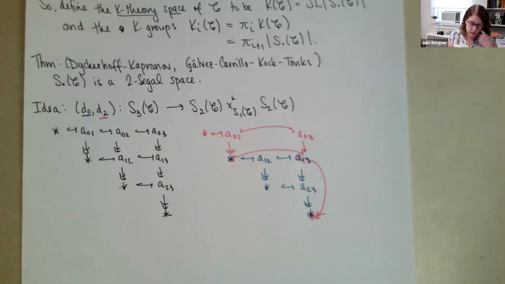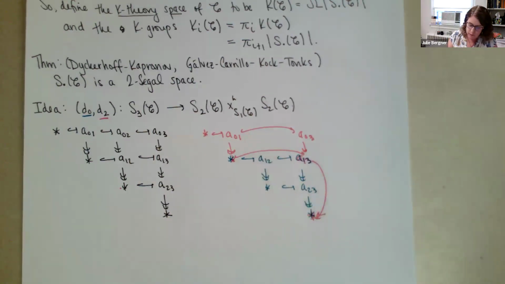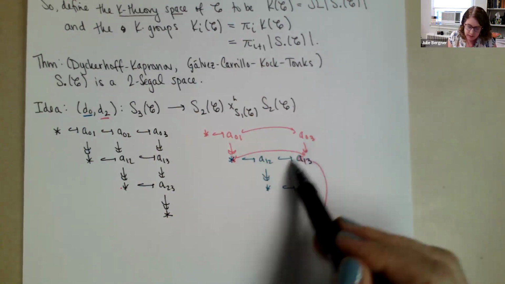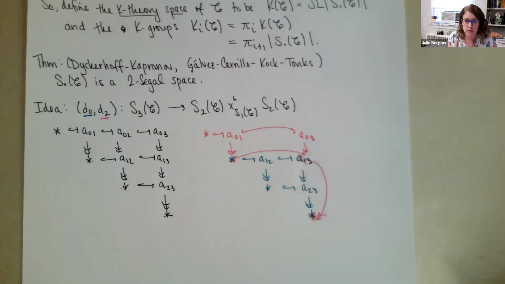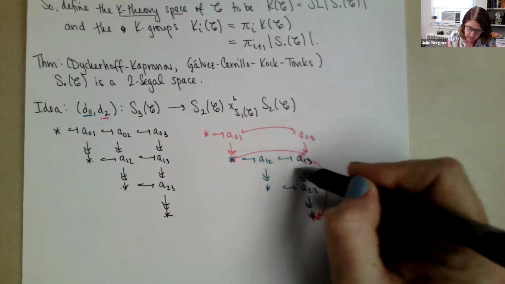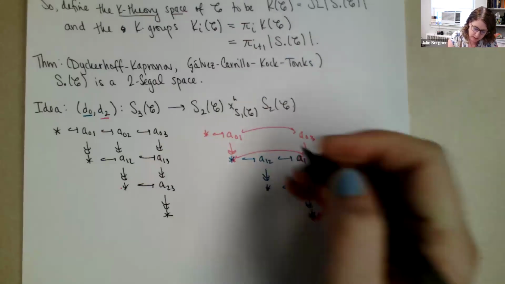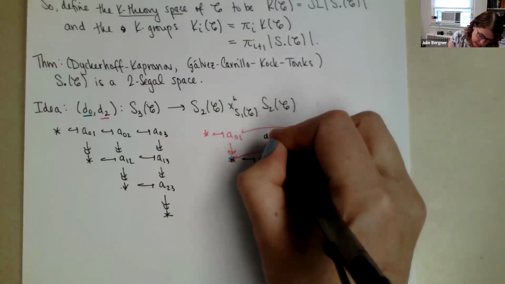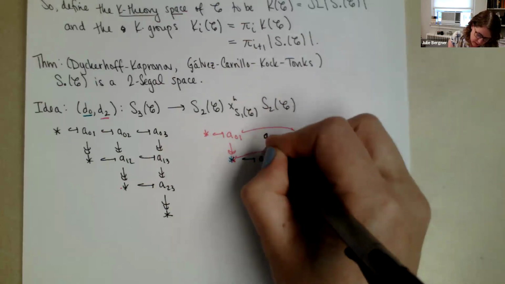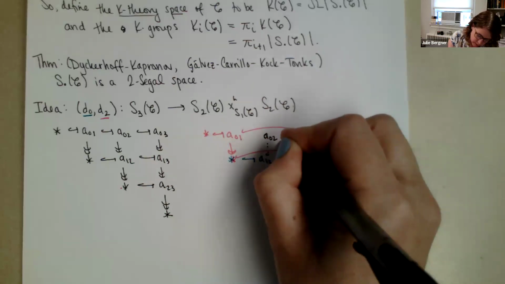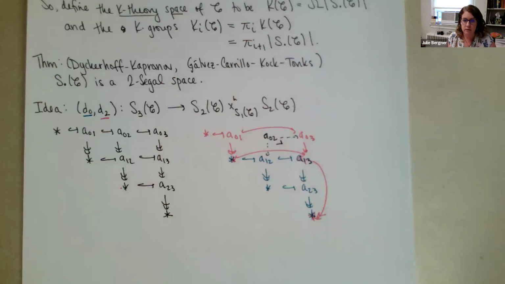Now, if this is to be a 2-Segal space, then we need to be able to complete this diagram essentially uniquely. And we can do that because we can look at this little cospan here, and we can just say, all right, well, let's take A02 to be the pullback of that square.